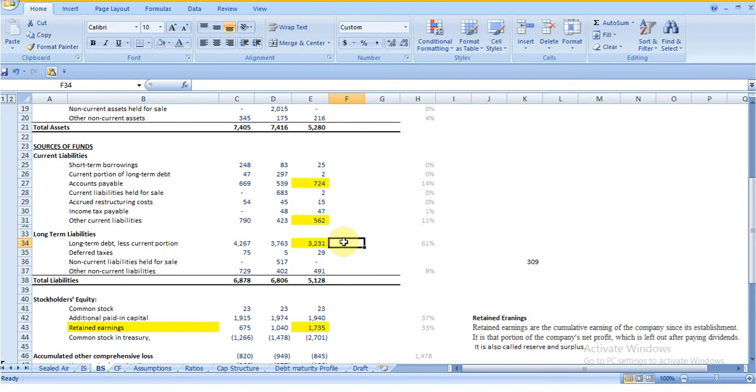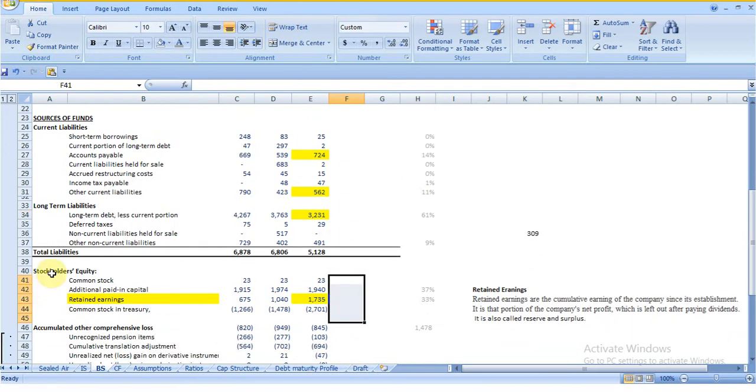Apart from that, on the liability side, shareholders' equity is going to remain constant, assuming the company is not issuing any new equity and has not purchased any. Retained earnings, as I already told you, is nothing but the accumulation of the net income. We will come to this when we project.